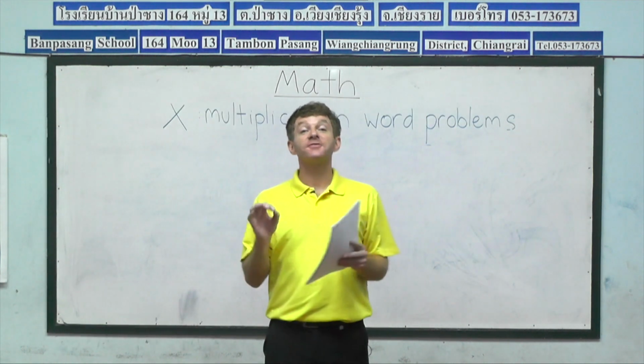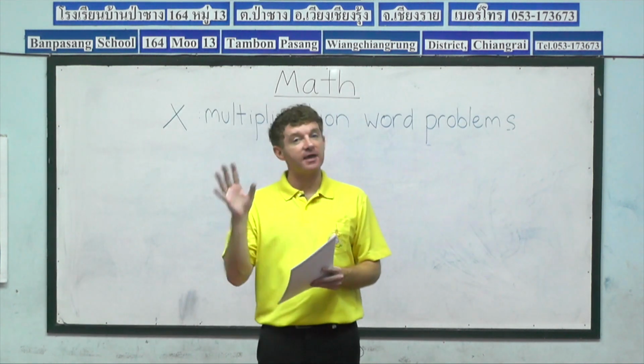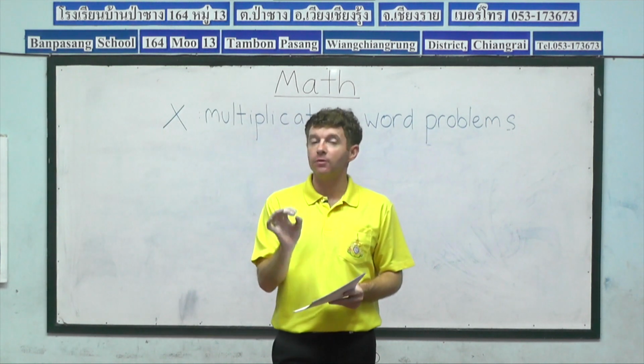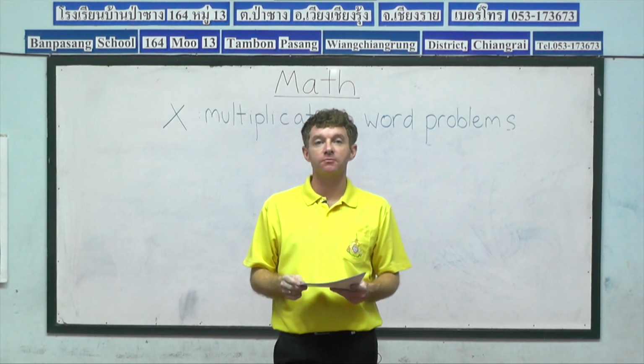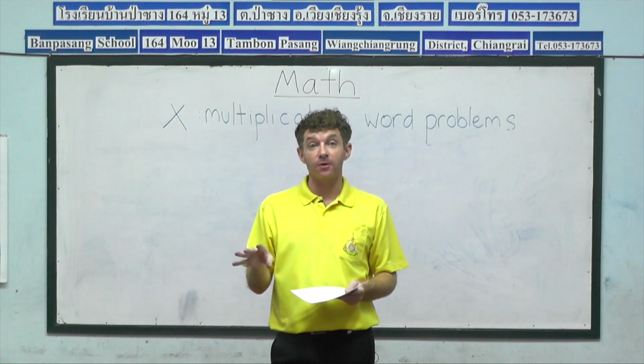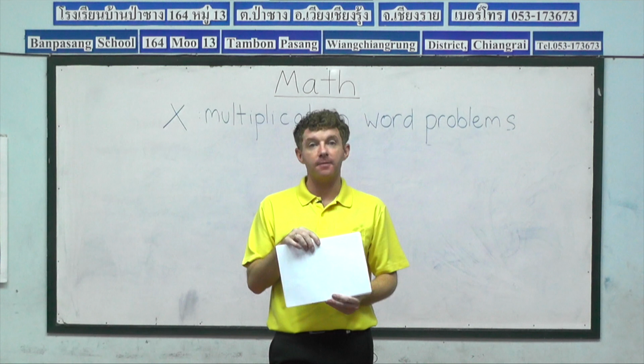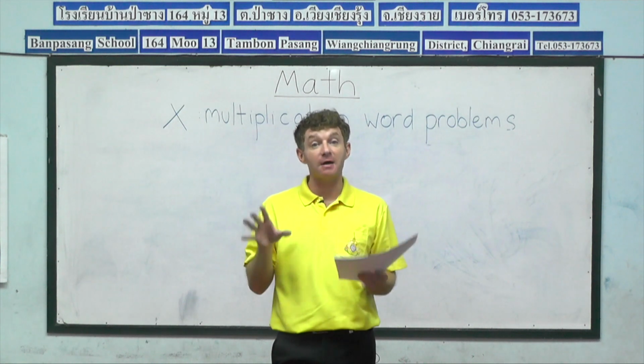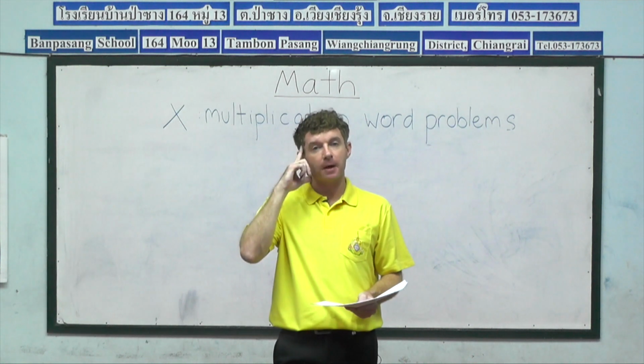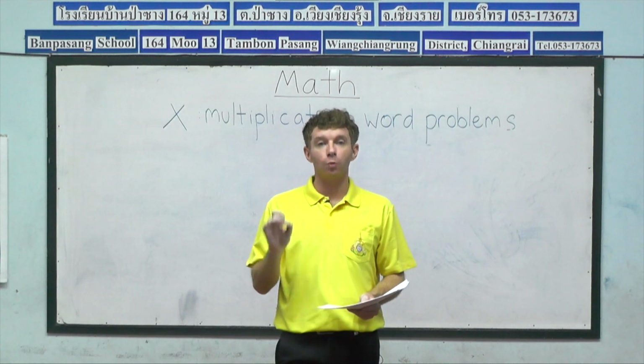And now it's time for our students to think about and prepare their own multiplication word problems. So teachers, what we need to do is give each of our students a plain piece of A4 paper. And then our students have around 15 minutes to think about their own multiplication word problem.